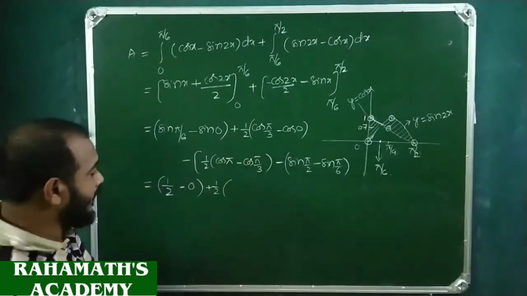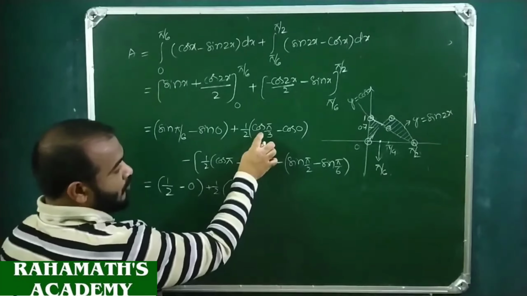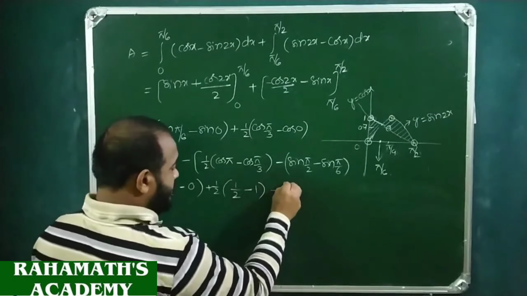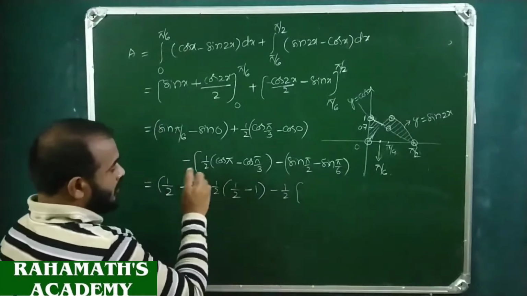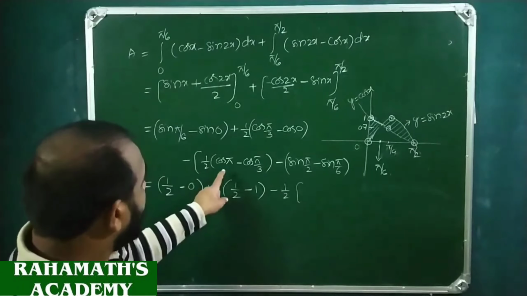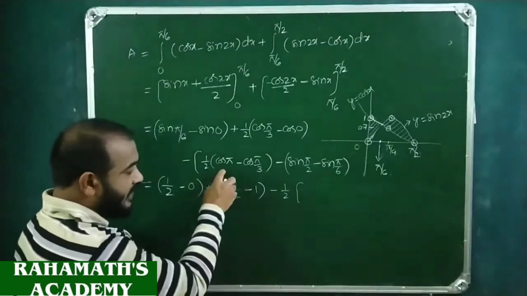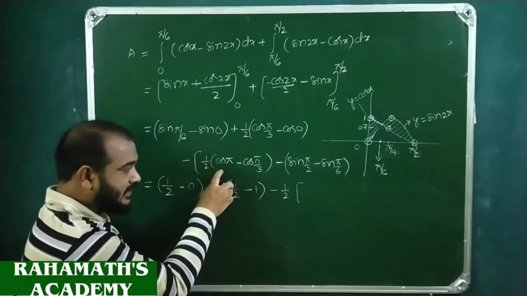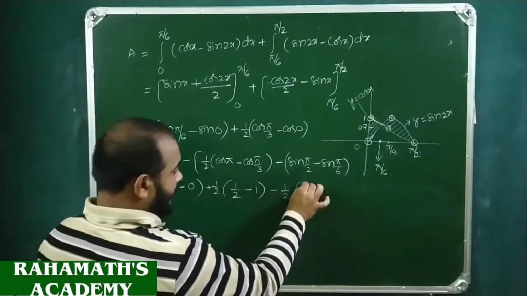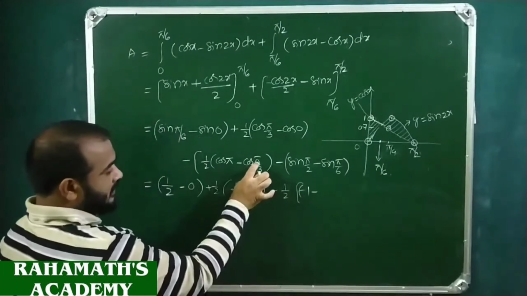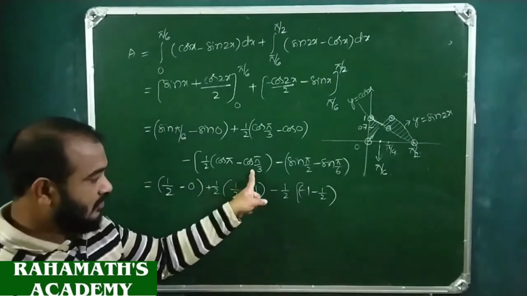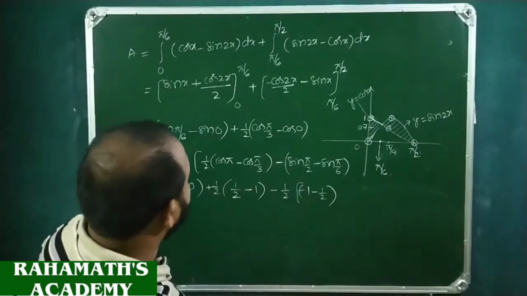The value of cos 60 is 1 by 2, minus cos 0 value is 1, minus 1 by 2 into cos pi, cos 180, sin 90 minus sin 90, so minus 1. Okay, minus cos 60 again, 1 by 2. So this is over.